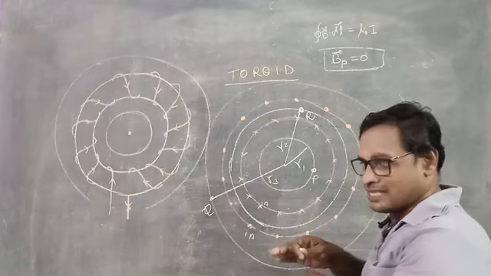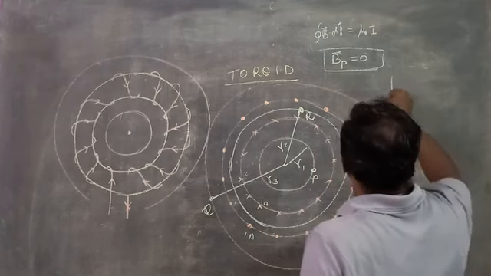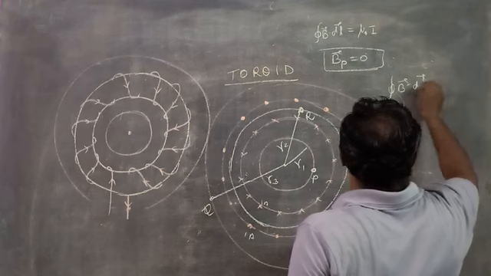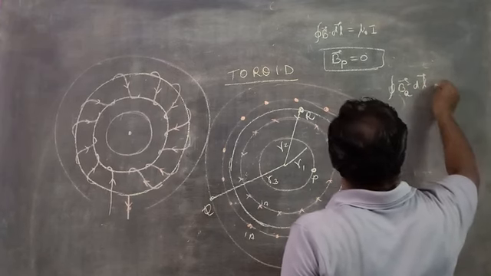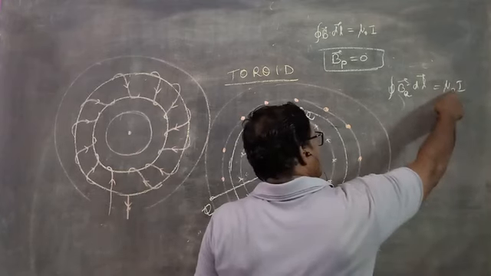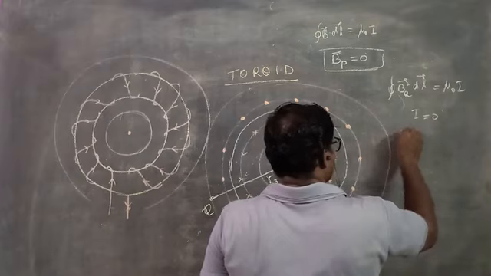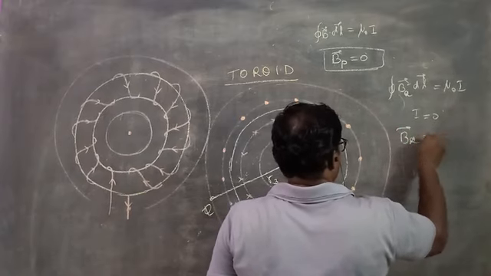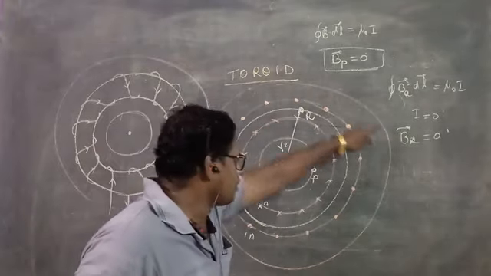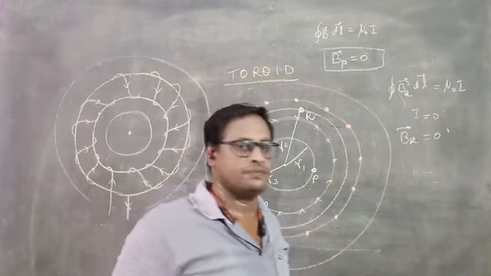Hence the influences cancel each other. So here the closed integral of B vector dot dl vector at point Q is equal to mu naught I. Here the I value becomes 0. Hence BQ is equal to 0. So we can say the magnetic induction outside the toroid is 0.